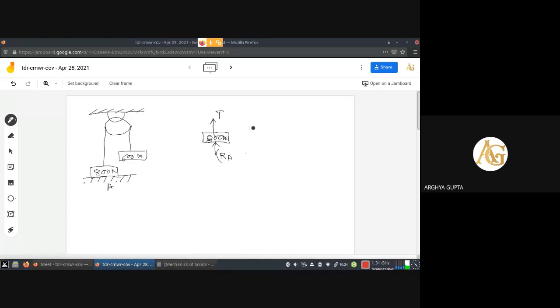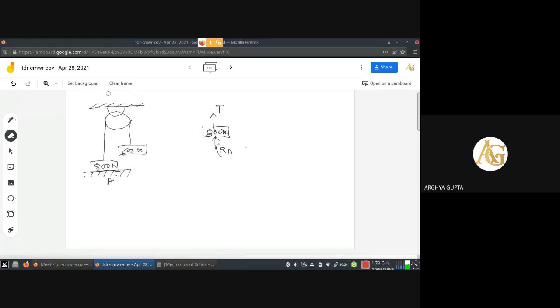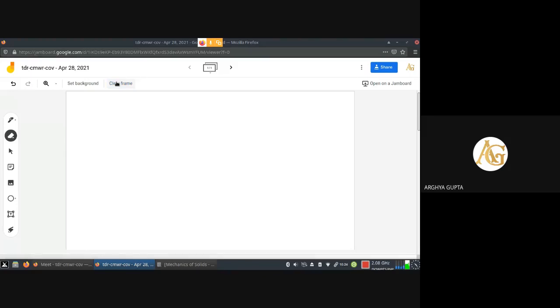Okay, let me erase that first. I'm drawing more free body diagrams. Let us say an inclined plane. A fixed inclined plane.